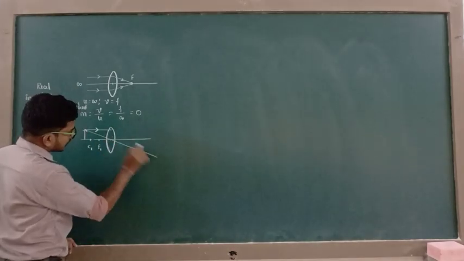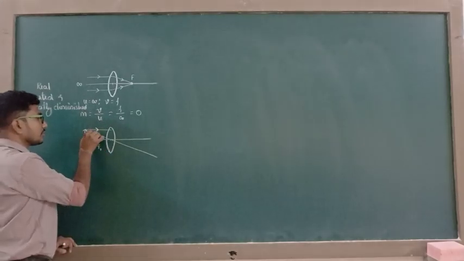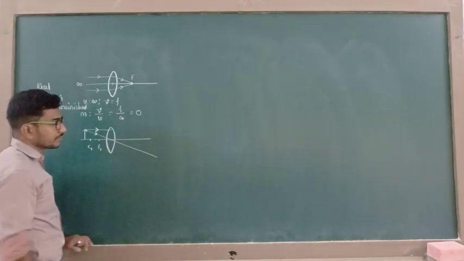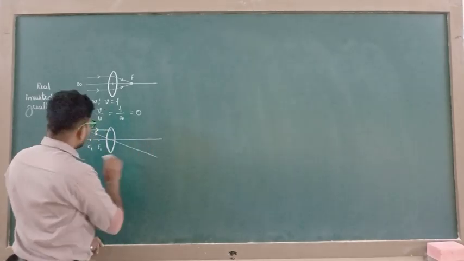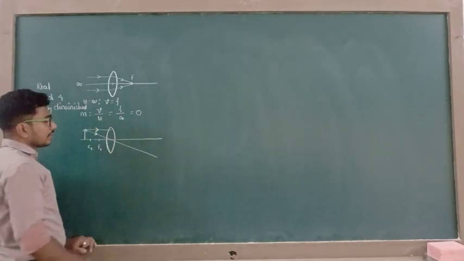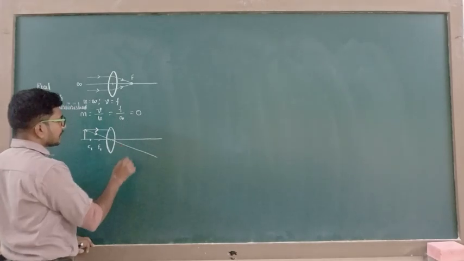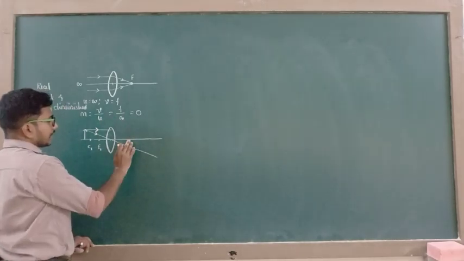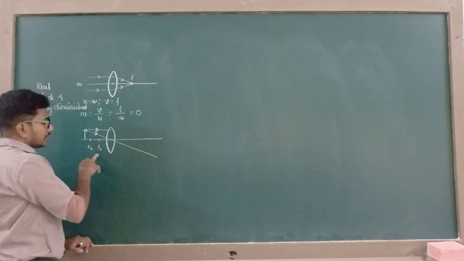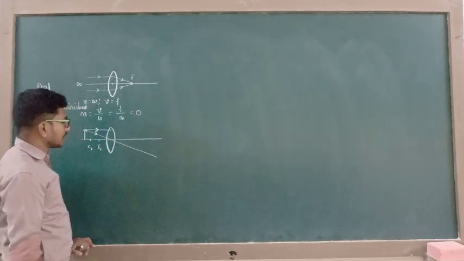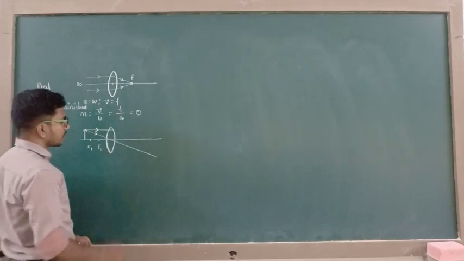Since this is a thin lens, the light ray proceeds without any deviation. When the object lies beyond the center of curvature, then its image lies between the second center of curvature and the second principal focus, that is the secondary principal focus.